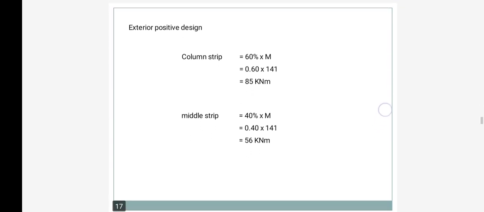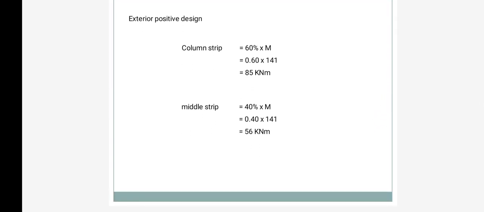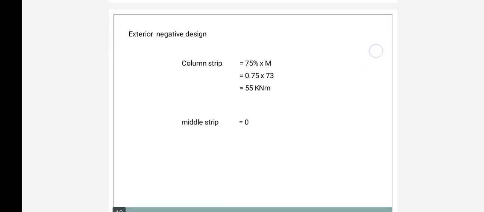The exterior positive design is equal to column strip 60% M and middle strip 40% M. So 60% M, substituting the value, column strip answer is 85 kilonewton meter and middle strip is 56 kilonewton meter. Then exterior negative design, column strip is equal to 75% of M. So the answer is 55 kilonewton meter and middle strip is 0 kilonewton meter.